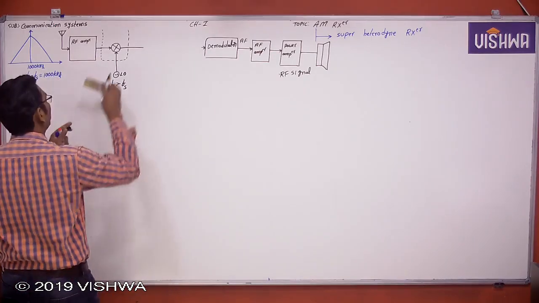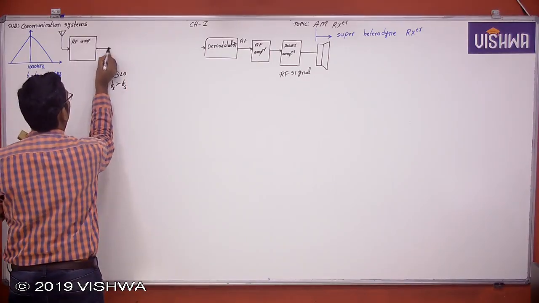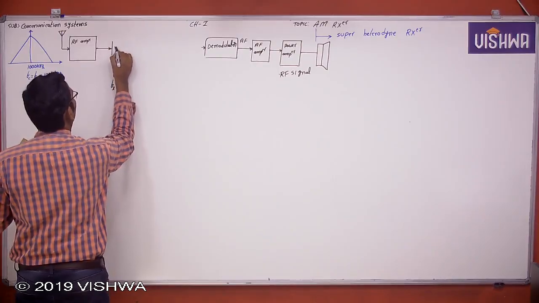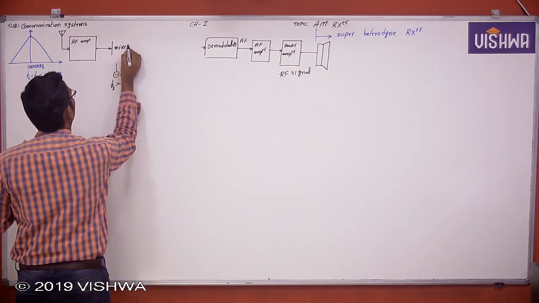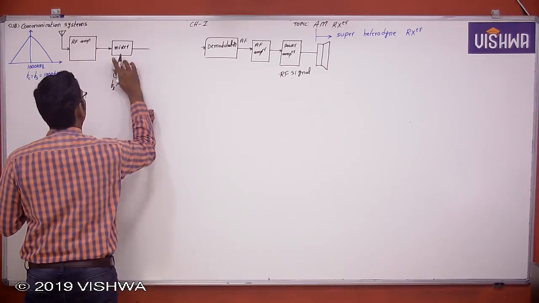Okay, you know the job of the mixer, therefore I will directly write here. This is the mixer section: multiplier, low pass filter, band pass filter. This is the total mixer part.